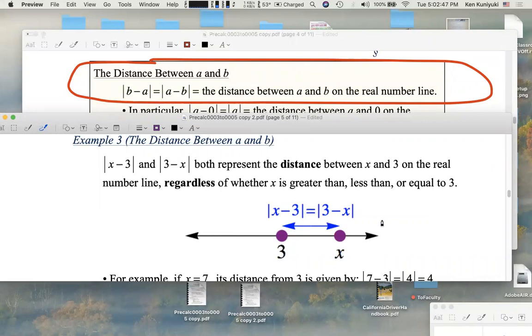This is really convenient in calculus, because in calculus, we're interested in when two numbers are close to each other. And it doesn't matter which one is bigger, which one is smaller. So if you just want to know the distance between x and 3, and you don't care which one is bigger or which one is smaller, they could be equal even, then you can use either absolute value notation.